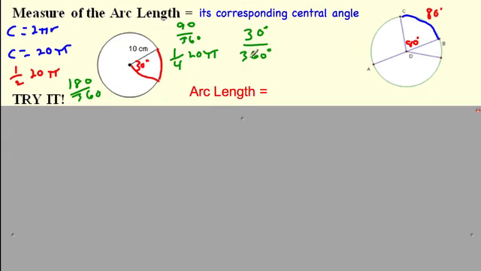So it's 30 degrees out of 360. And then what am I doing? I'm just timesing it by the circumference, which is 2 pi r. In this case, our radius was 10. And so now it's just a matter of simplifying. 30 over 360 is what? How many times does 30 go into 360? Well, it should go in there 12 times. So really, this fraction is 1/12 times 20 pi.